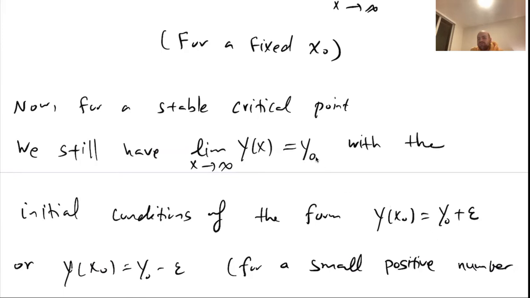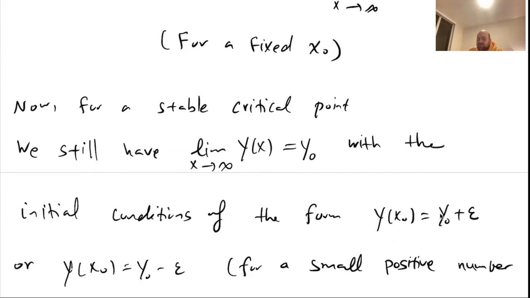Okay, so depending on the type of ODE that we have, we can look at the limit of y of x as x goes to infinity for a solution of that ODE with the initial condition of the form y of x naught equals y naught plus epsilon, or y of x naught equals y naught minus epsilon. And then look at the limit.